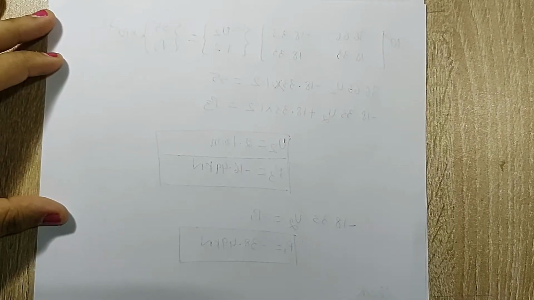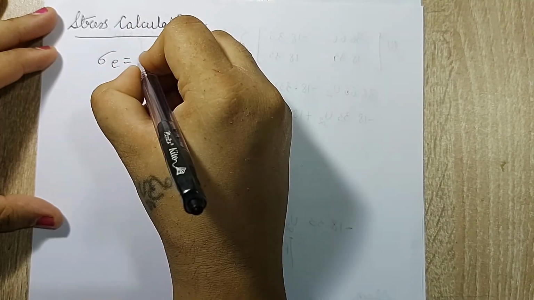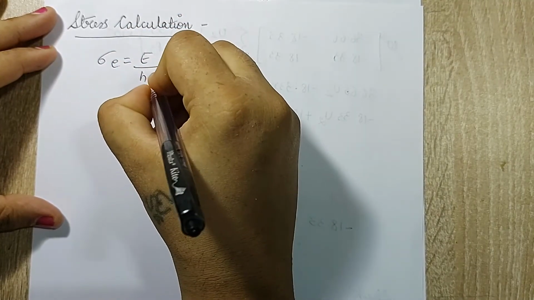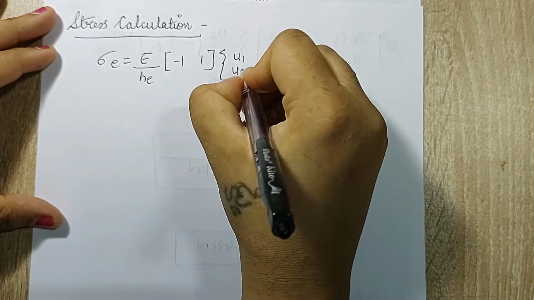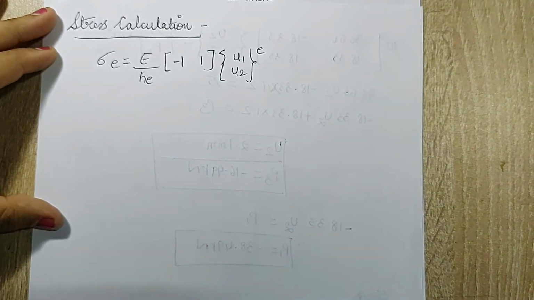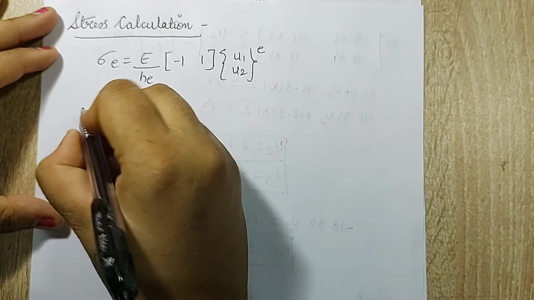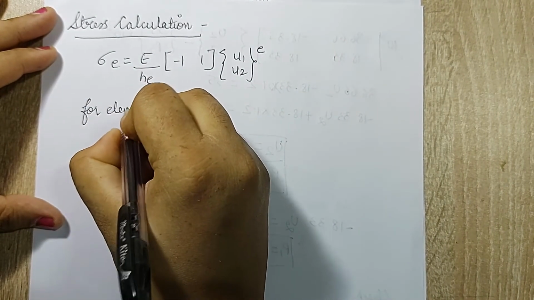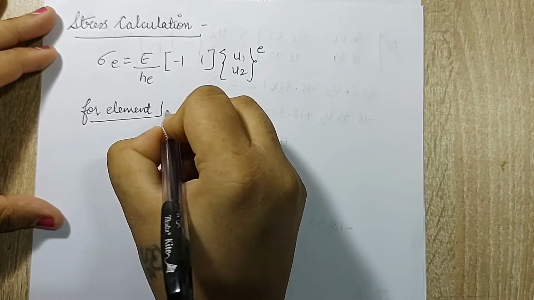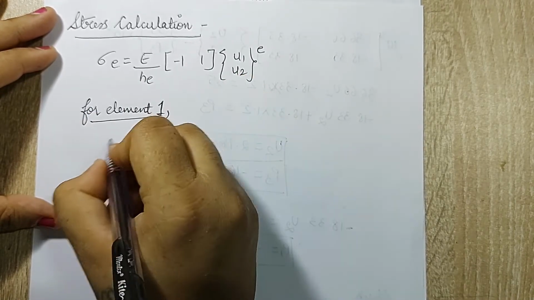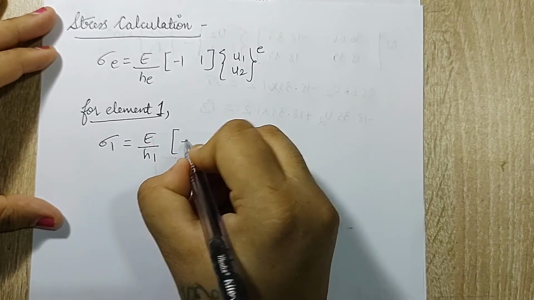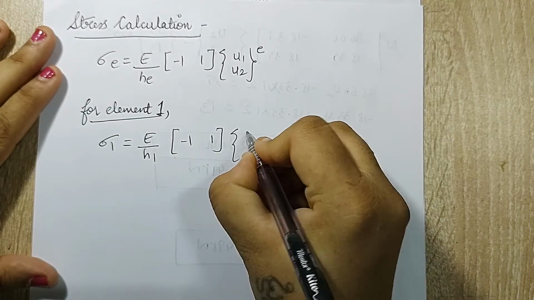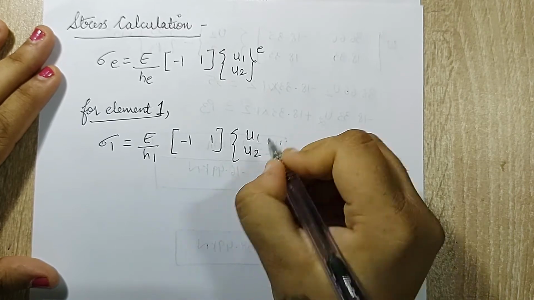Next, I'll go for stress calculation. The formula is sigma e is E upon he, minus 1, 1, U1, U2 raised to e. For element 1, sigma 1 is E upon H1, minus 1, 1, U1, U2.